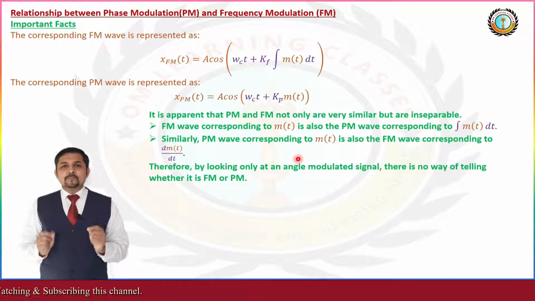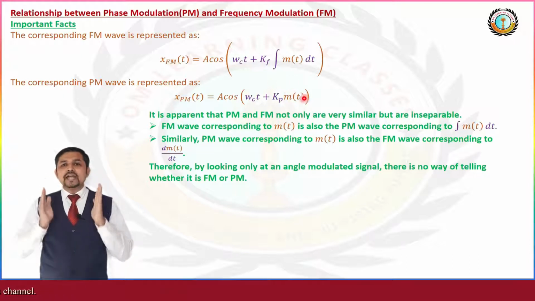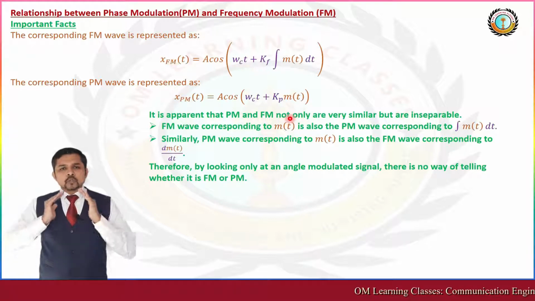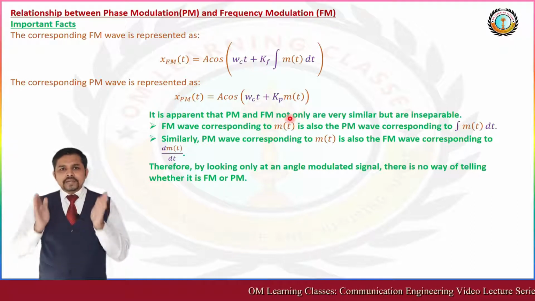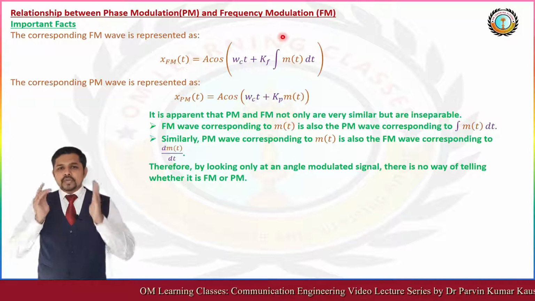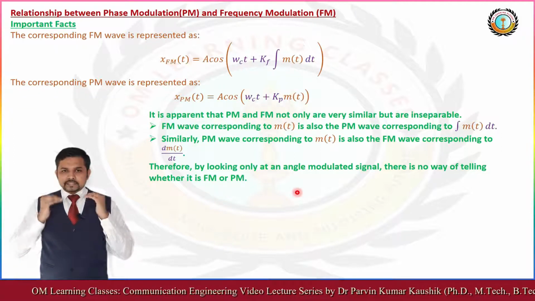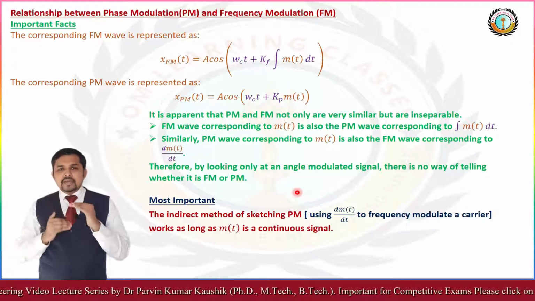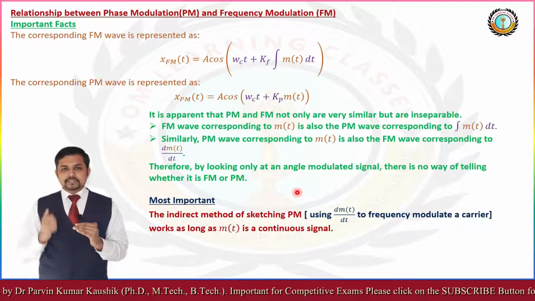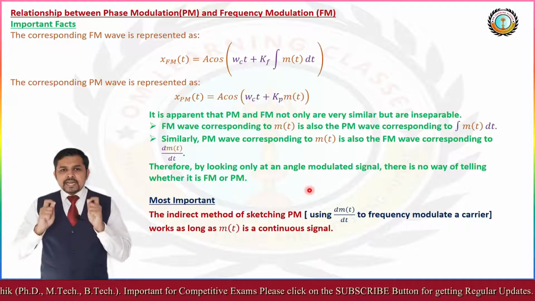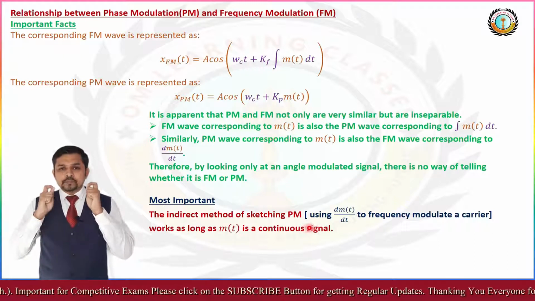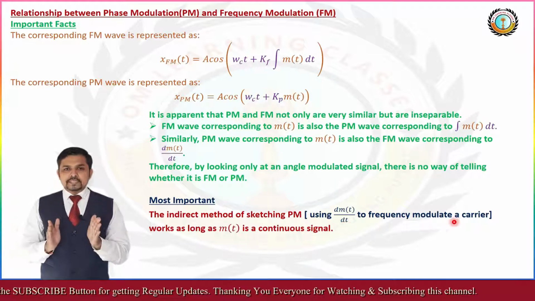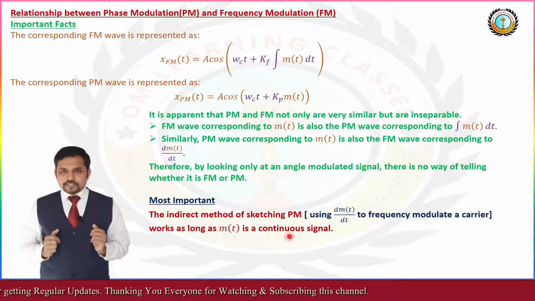So by looking only at the angle modulated signal, there is no way to tell whether it is FM or PM. This is also the indirect method of generating PM: using the derivative of the modulating signal and applying it to the frequency modulator.